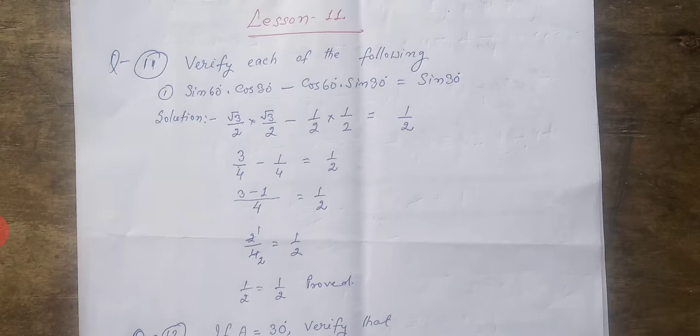We know that root 3 into root 3 is equal to root 9, the square root of which is 3. So 3 by 2 into 2 is 4, minus 1 into 1 is equal to 1 by 4, is equal to 1 by 2. Now taking the LCM of 4 and 4, we get the LCM 4.